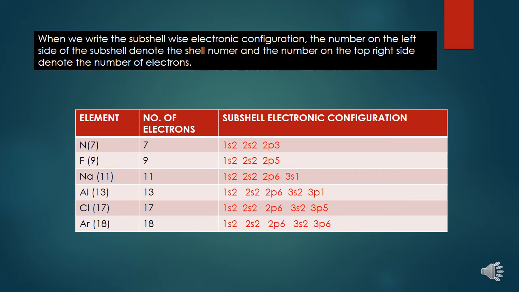And for argon, there are 18 electrons because the atomic number is 18, and the subshell electronic configuration is 1s2, 2s2, 2p6, 3s2, 3p6. From the subshell electronic configuration of argon, you can see that all the sub-energy levels are completely filled. This is why all the noble gases are stable and non-reactive, because they are completely filled.